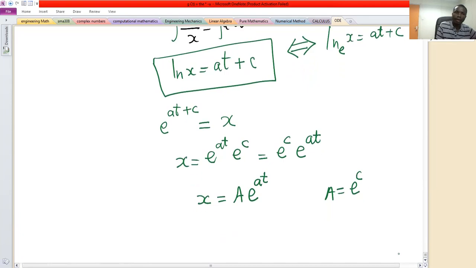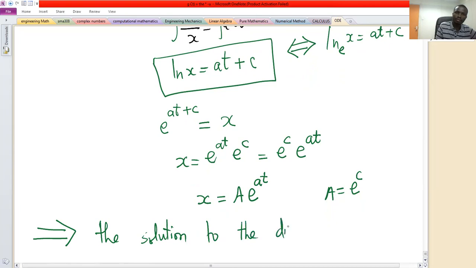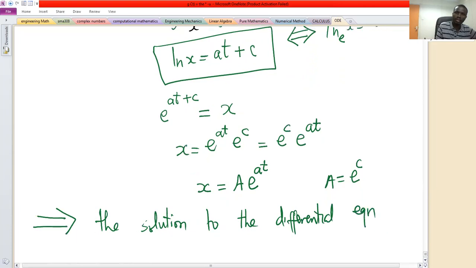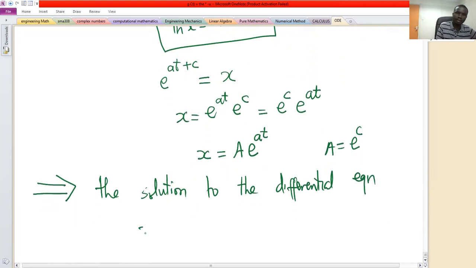So this means the solution to the differential equation x dot equals ax is x equals A e raised power at.